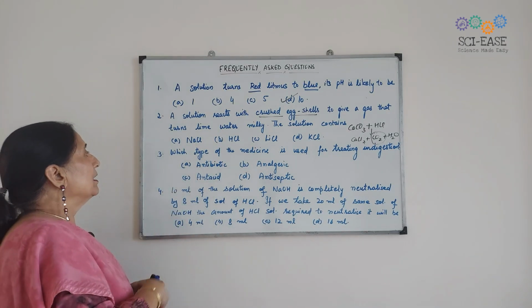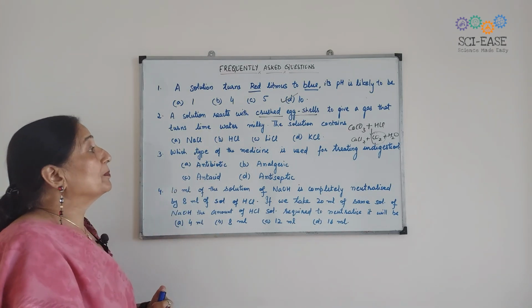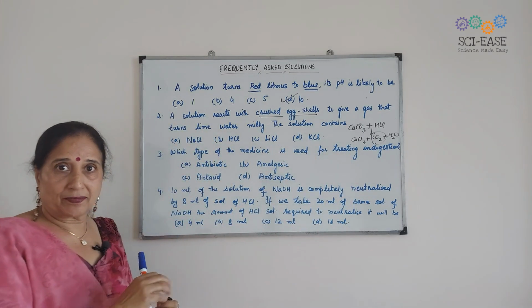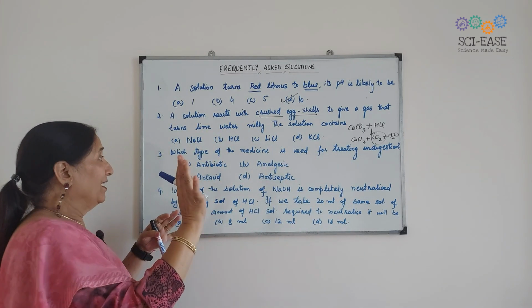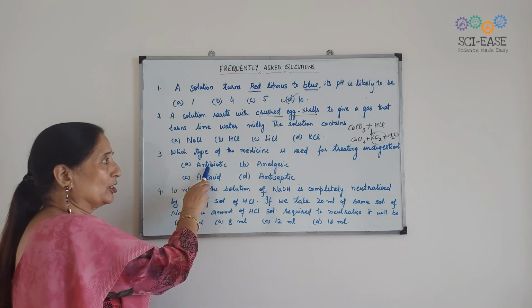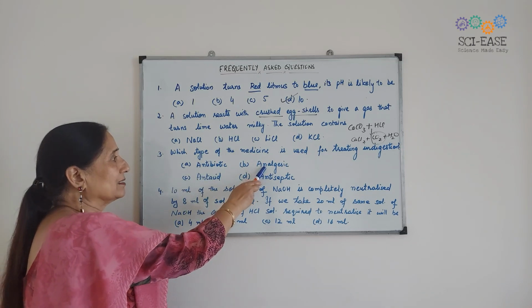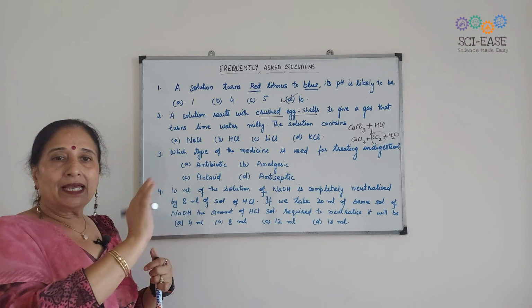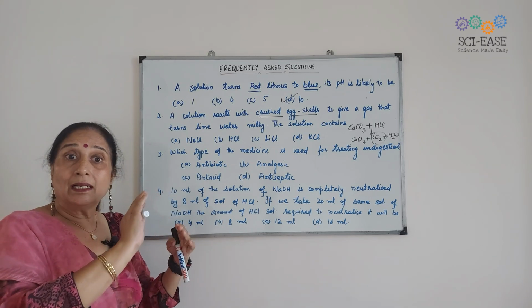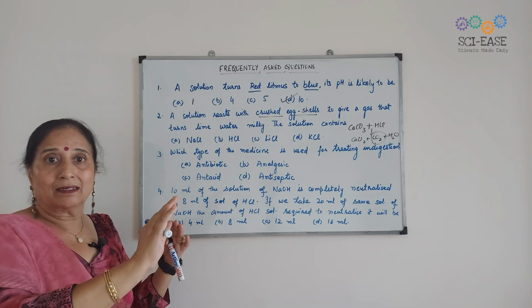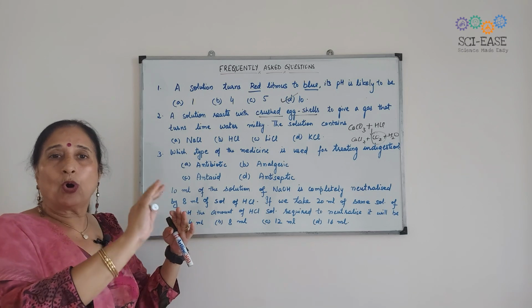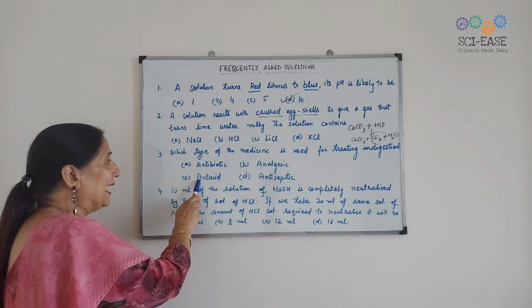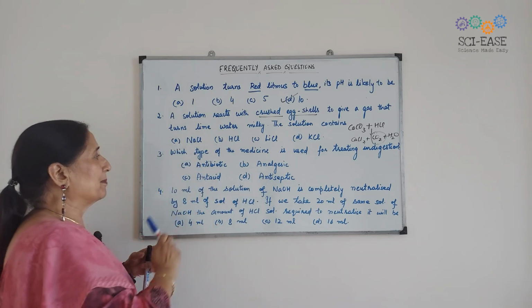Okay. Next, the third one is, which type of medicine is used for treating indigestion? I have told you, one is antibiotic, analgesic, that is a painkiller, or it will reduce the fever, and antacid or antiseptic.